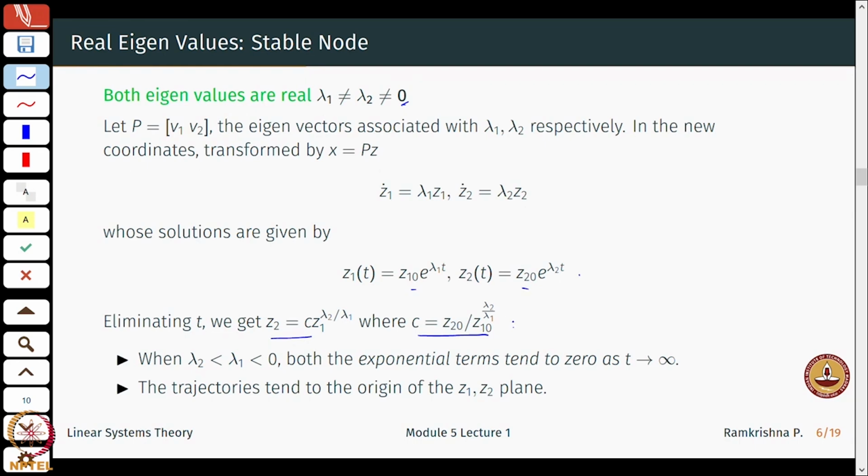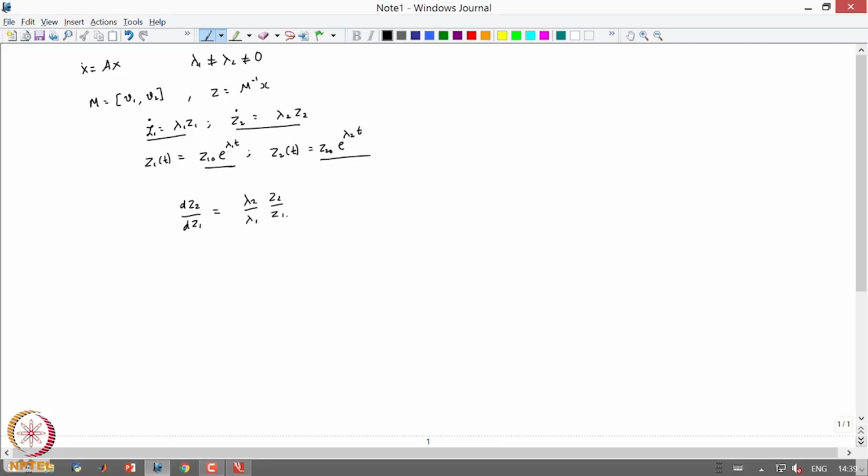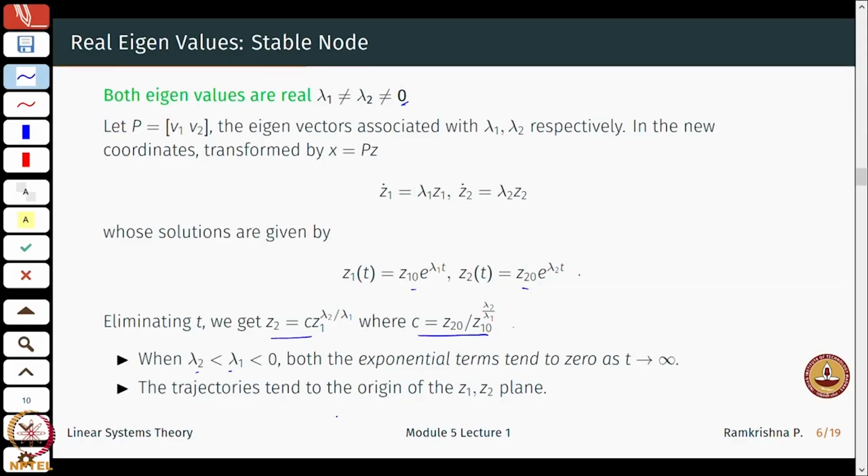Okay, the first case which we would be interested in is when lambda 1 is less than lambda 2 is less than 0, so both are negative, right. The first observation is, since both are negative, it is easy to check that this will go to 0, this term will also go to 0 as t goes to infinity. This is kind of obvious.